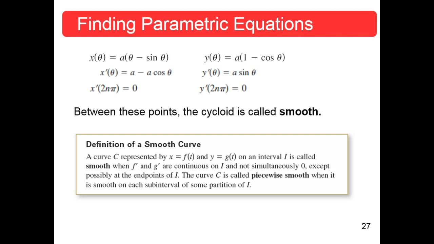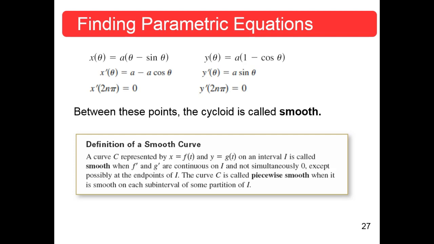And when you're at 2n pi, your cosine of that is always 1, and that would be A minus A, which is 0. This one, when you take the derivative, you just get A times the sine of theta. It's a minus here, and the derivative of cosine is minus sine, so that makes a minus times minus, a plus. And then sine theta, at every 2n pi, is also 0. So both of these have zeros.